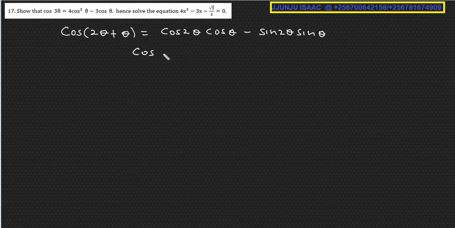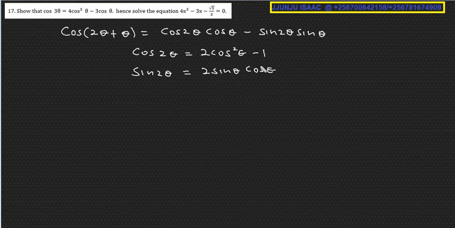that cos 2 theta is equal to 2 cos squared theta minus 1, and we know that sin 2 theta is 2 sin theta cos theta.